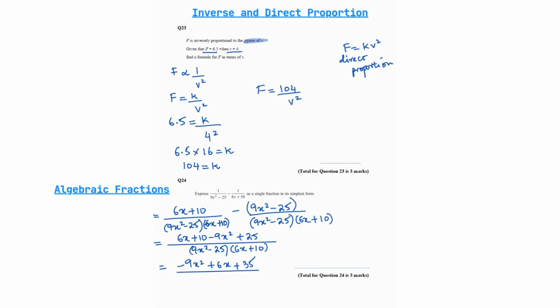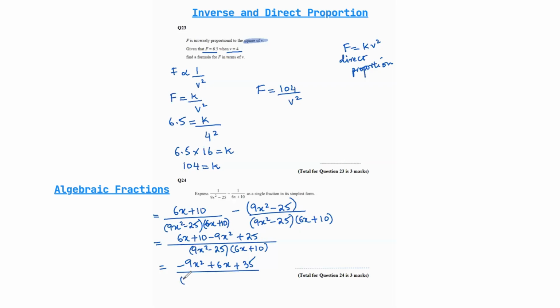Now, clearly, we need to factorize this quadratic to simplify it. But before we do that, I would like to factorize the 9x squared minus 25, which is a difference of perfect squares. Difference of perfect squares is a rule where we're subtracting two perfect squares. So over here, x is being squared, 9 is 3 squared, and 25 is 5 squared.